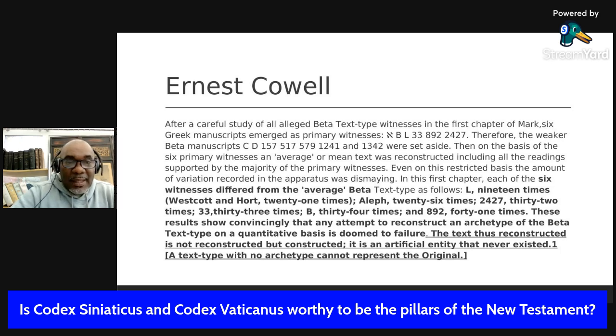Therefore, the weaker beta manuscripts, which is Alexandrian, CD 157, these are the numbers for minuscules, that's how they number them, 579, 1241, and 1340 were set aside.